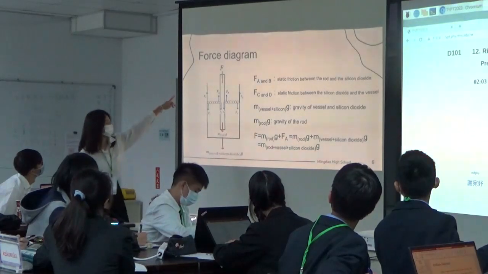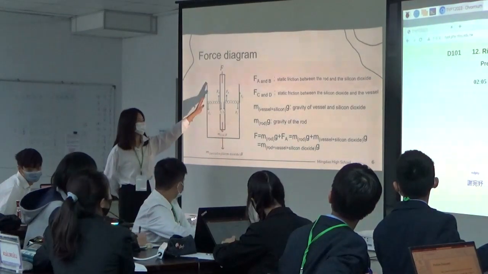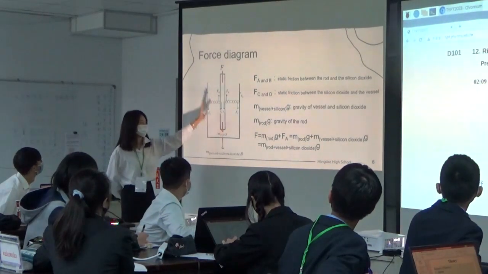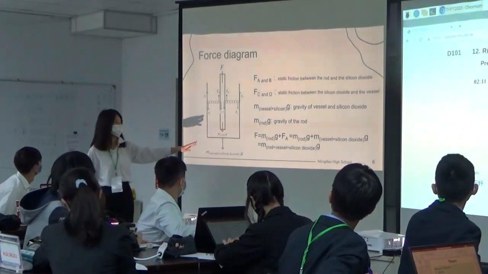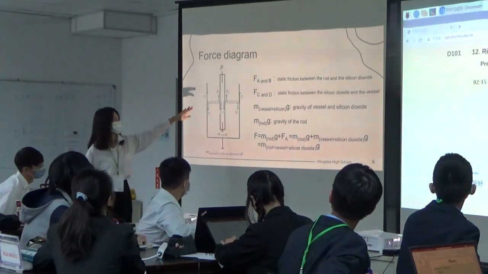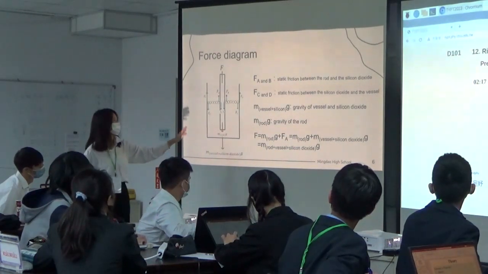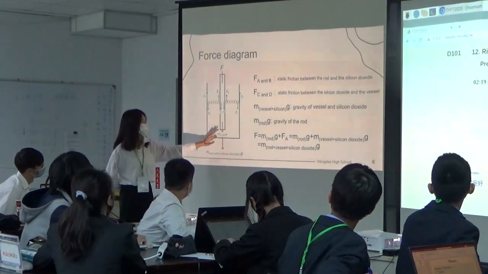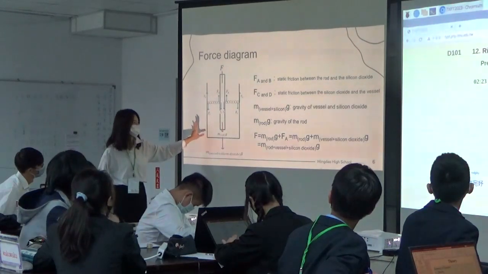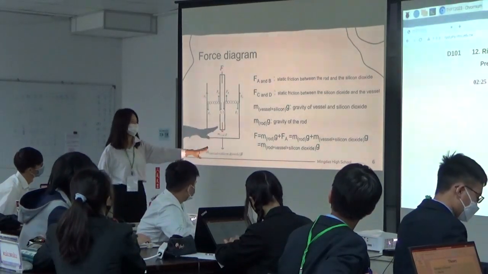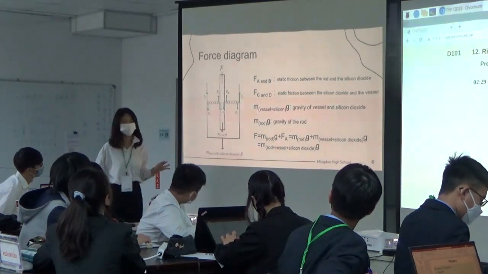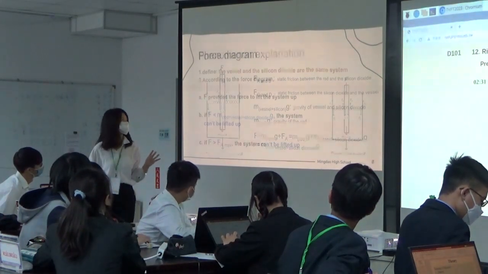If we view just the rod, F will be mg, where m is the mass of the rod, plus Fa. And if we make the silicon dioxide and the vessel move together, F is mg, where m is the mass of the rod plus the mass of the vessel plus the mass of the silicon dioxide.